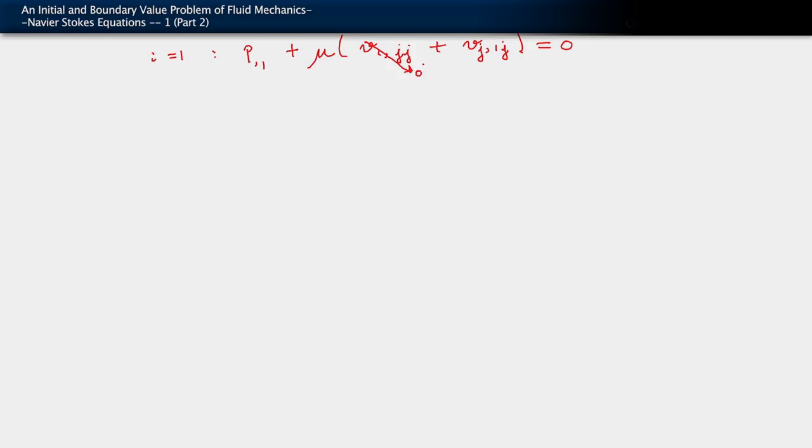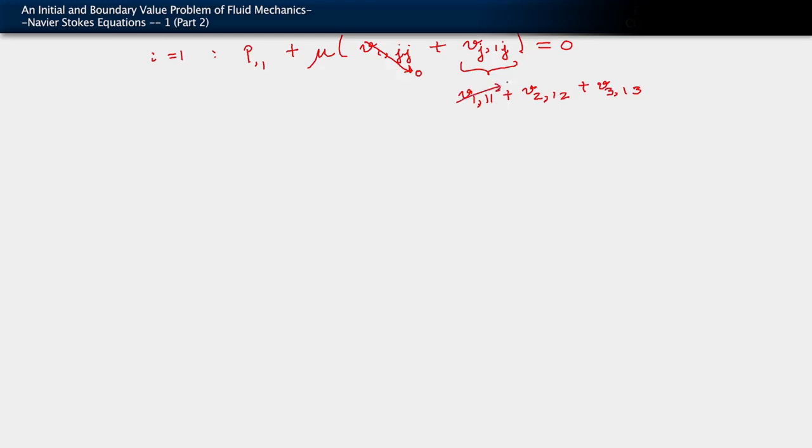Let us look now at what happens with this term. That is v1 comma 1 1 plus v2 comma 1 2 plus v3 comma 1 3. Everything drops out, right?